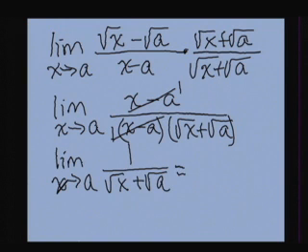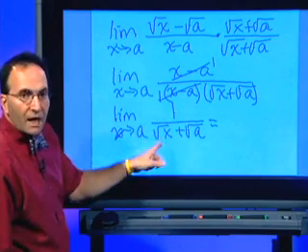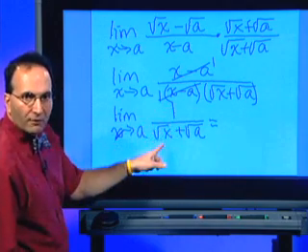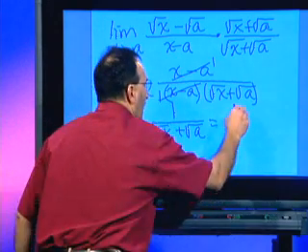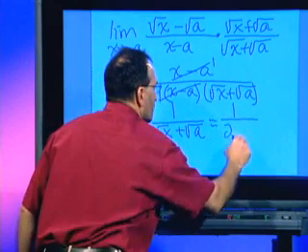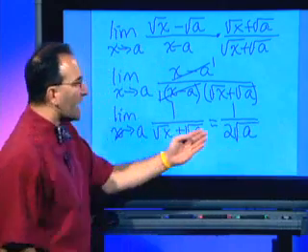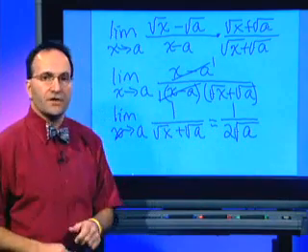Now, if x is approaching a, then all we need to do is substitute a in for x, and you'll see that we have 1 over the square root of a plus the square root of a, which of course gives us 1 over 2 square roots of a. And so that is our derivative using the alternate definition.